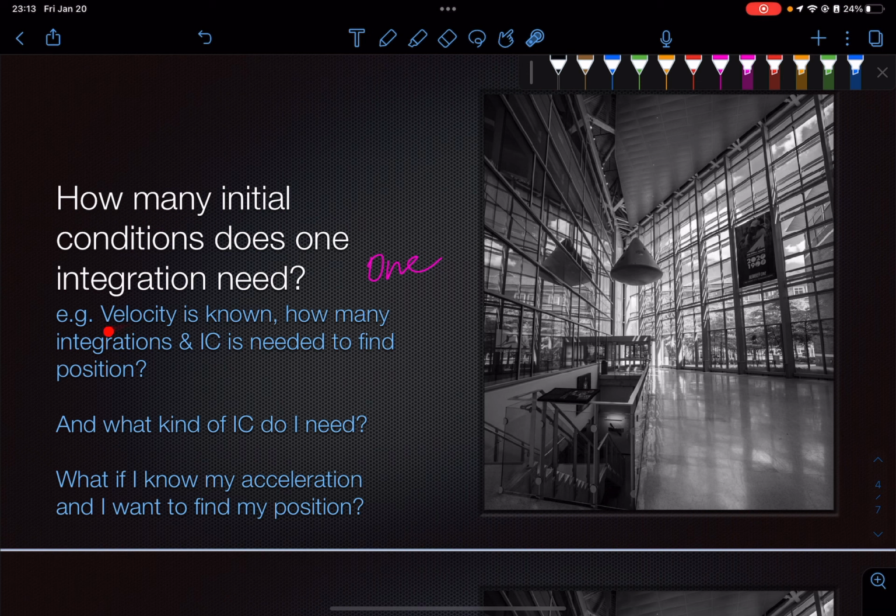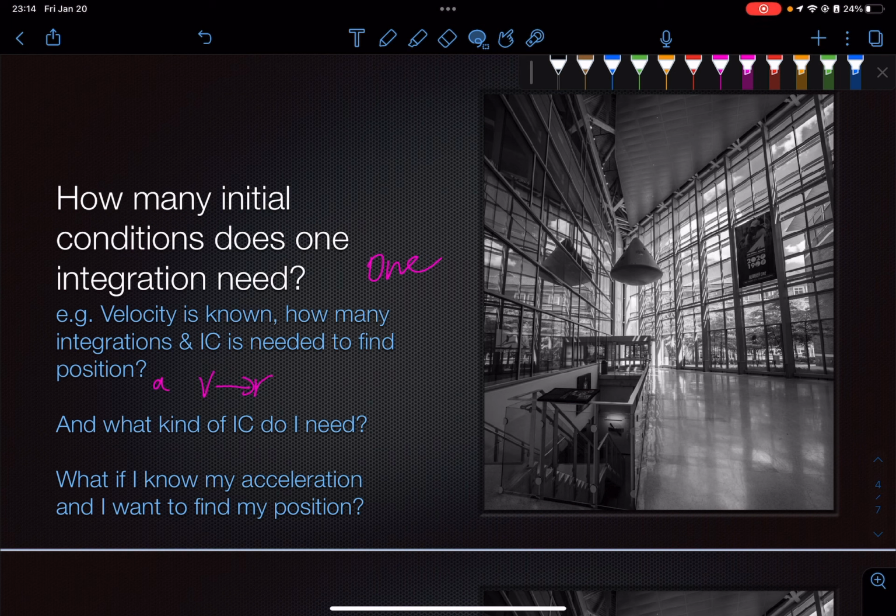If I have my velocity, how many integrations and initial conditions are needed to find position? It's just one integration to the position, so it's just one initial condition. And what kind of initial condition is that? Is it an initial condition for velocity or for position?